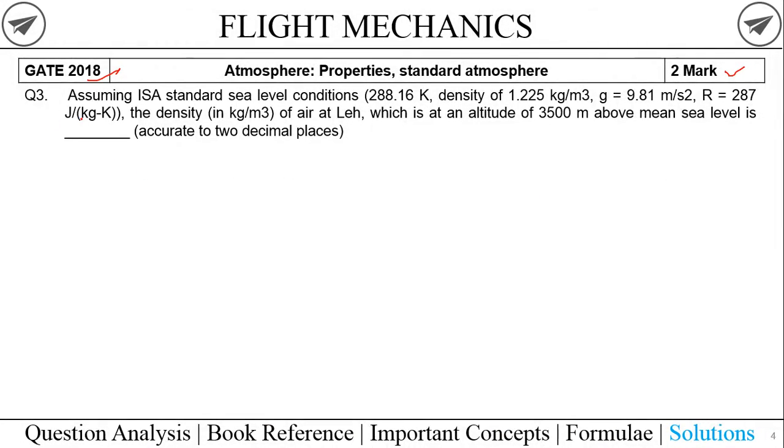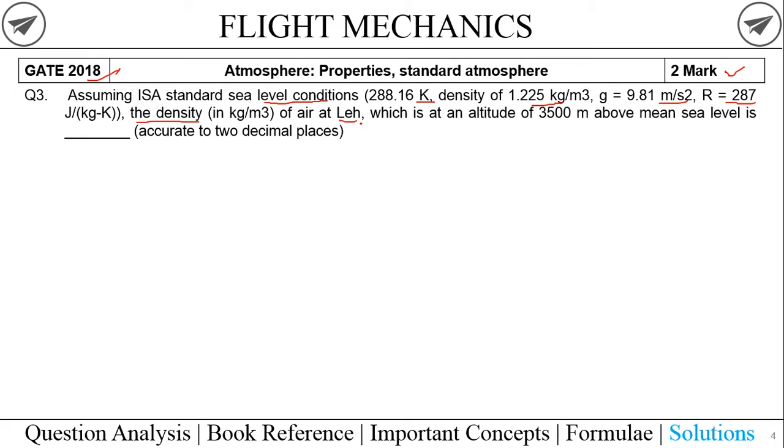Getting to the question, we know that assuming ISA standard sea level conditions, they have provided the sea level conditions: temperature in Kelvin, density in kilogram per meter cube, the acceleration due to gravity, gas constant. So they have basically asked the density of air at Leh.